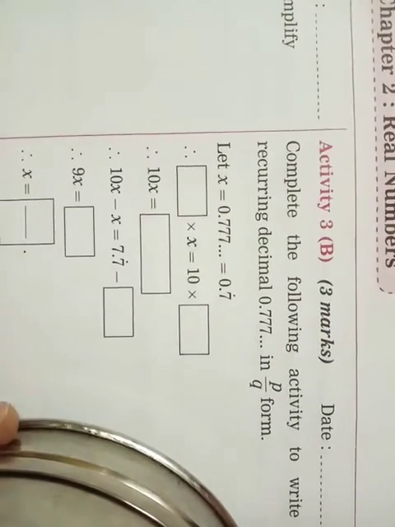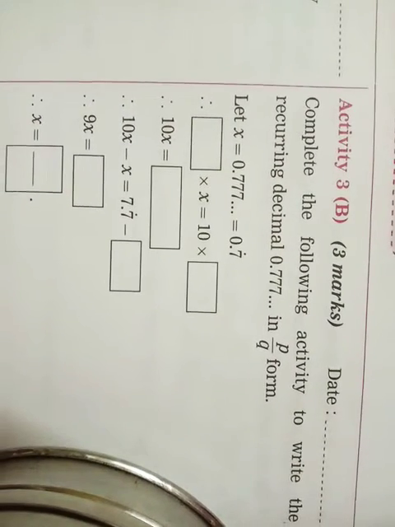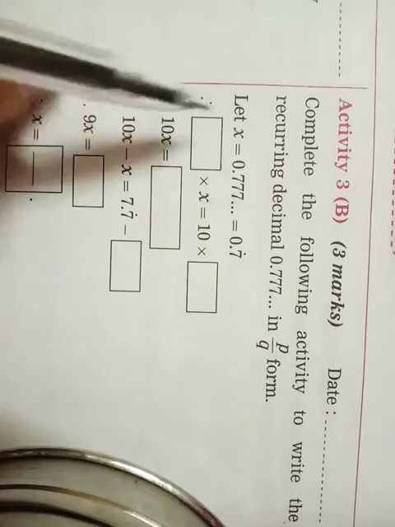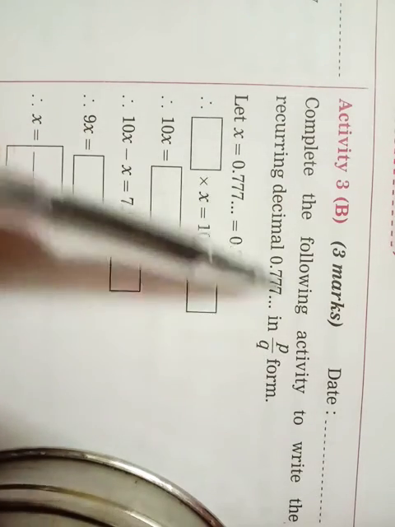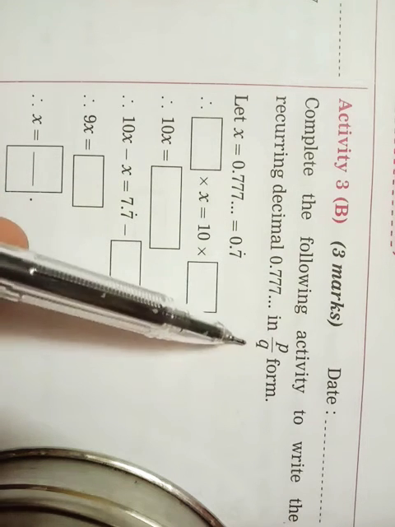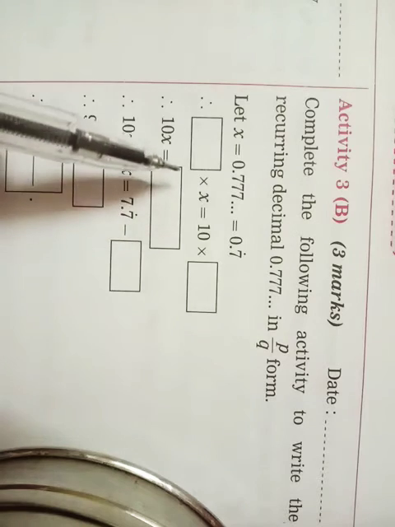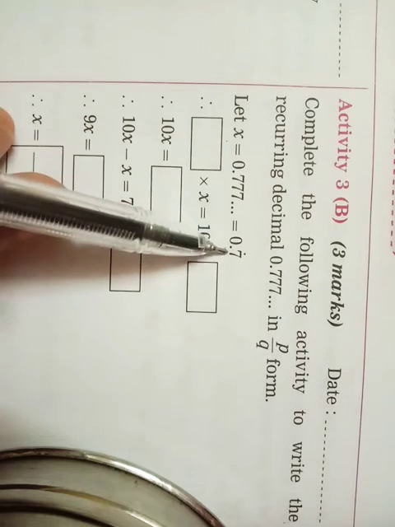Now let us go to activity 2. Complete the following activity to write the recurring decimal 0.777 in p upon q form. Now as we already know, whatever number is there, you have to see the recurring digit.